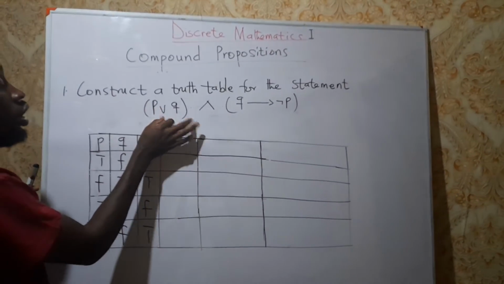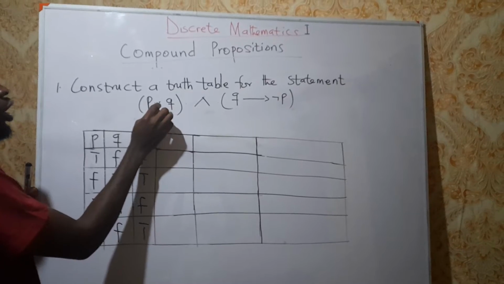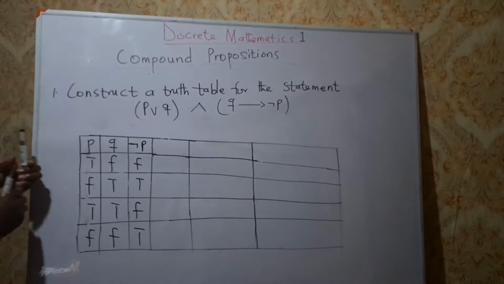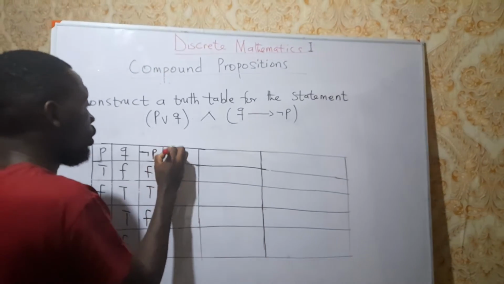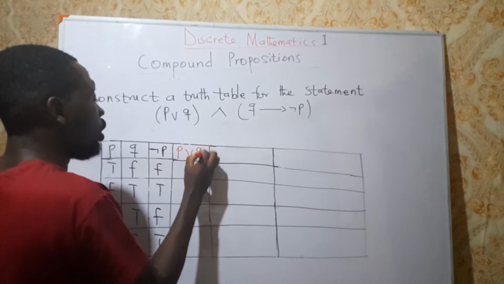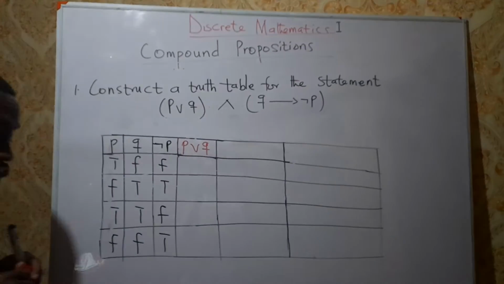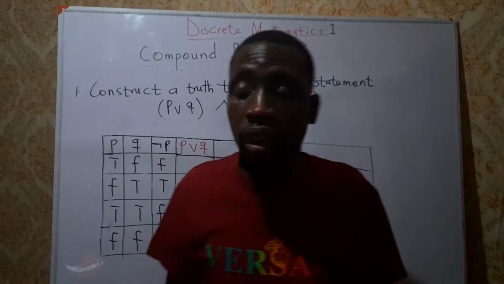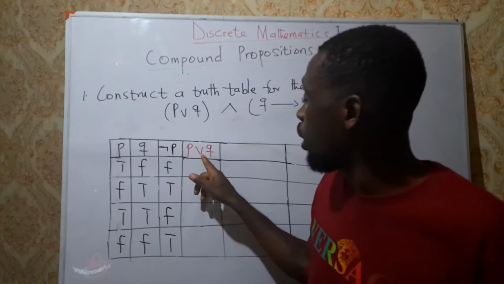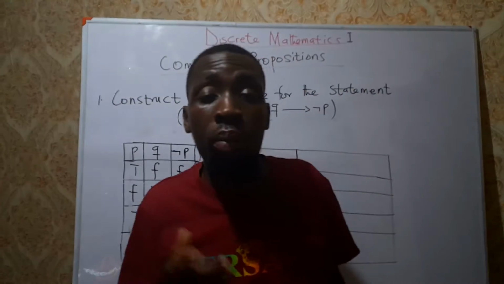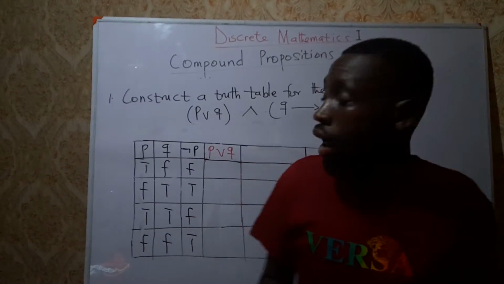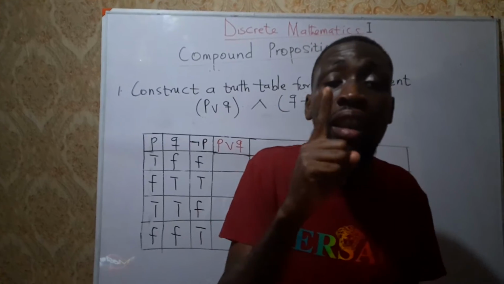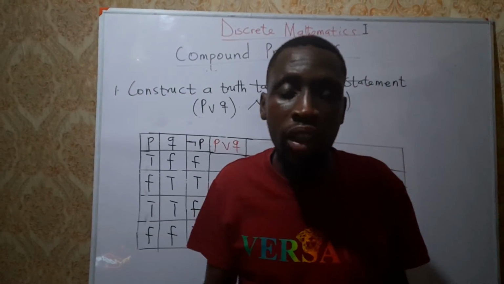We need to find the P disjunction Q. Remember, this is inclusive OR. So we have P disjunction Q. And remember, when we're doing the inclusive OR, we say it is true when at least one statement is true, otherwise it is false.